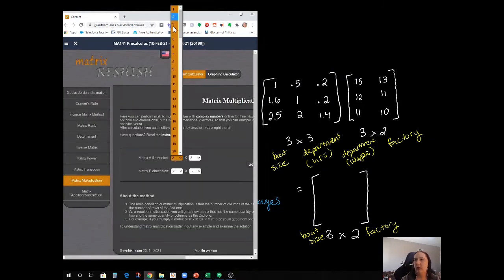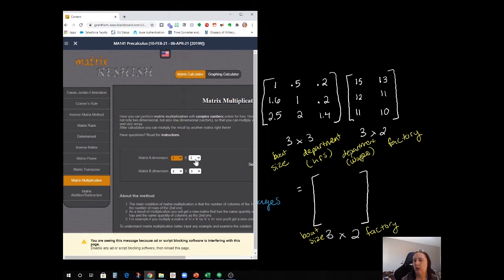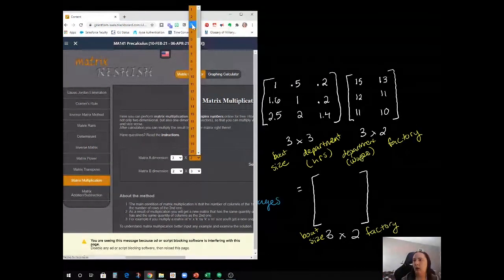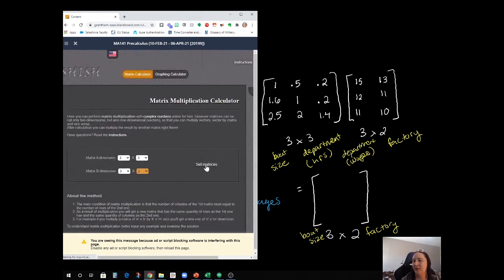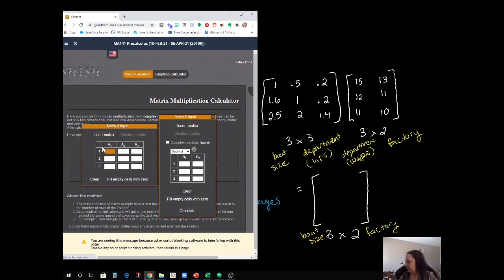So we've got a 3 by 3. Well, I'm not going to complain about ad blocking software here. We've got a 3 by 2 as our second matrix. Okay. So I'm going to just keep using tab to easily move to each section.